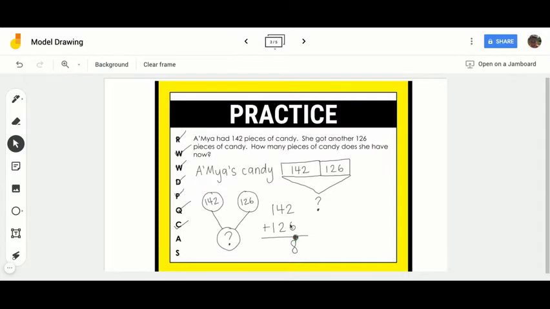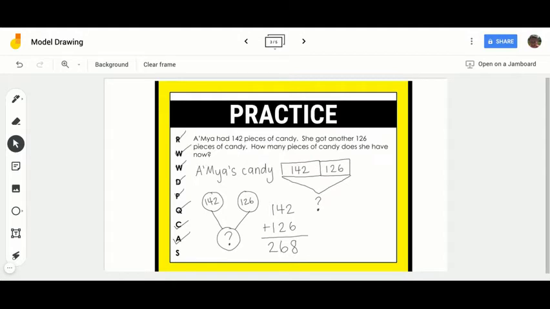Now let's go to my tens. I have 4 plus 2. 4 plus 2 is 6. And then finally, let's go to my hundreds. I have 1 plus 1. That is 2. So my answer is 268. But now I'm not done yet because remember, I have this S for my sentence. So how many pieces of candy does she have now?